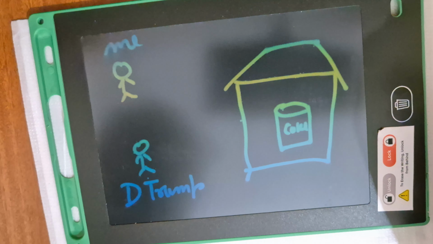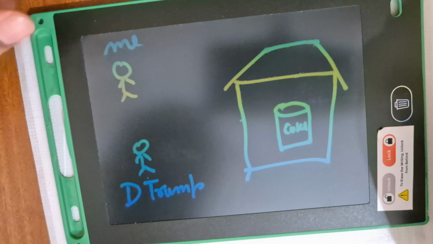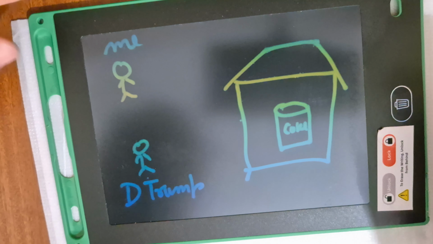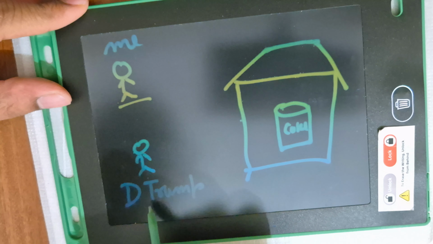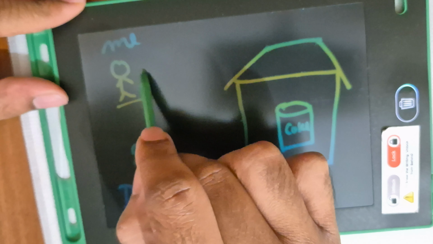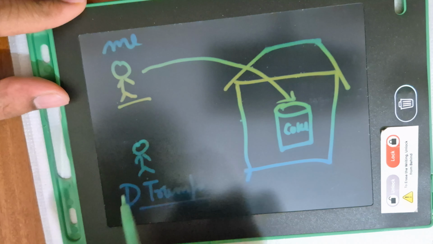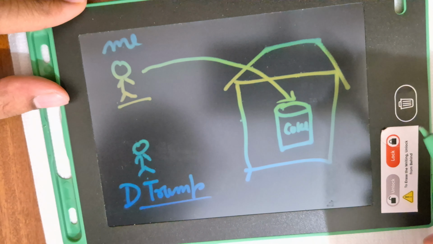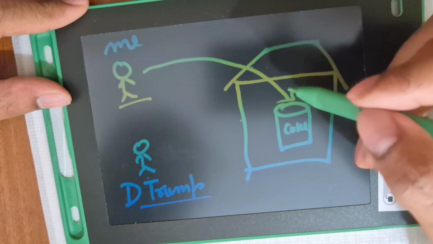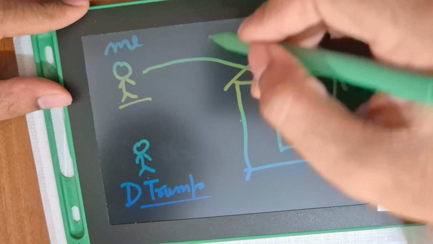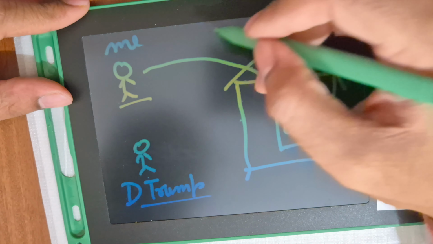So let's say there is a shop which is selling cokes, and there is only one coke left. This is me, and this is Donald Trump. I went to the shop and checked if the coke exists or not. The coke exists, so I told them to make a change where this coke is ordered for me.